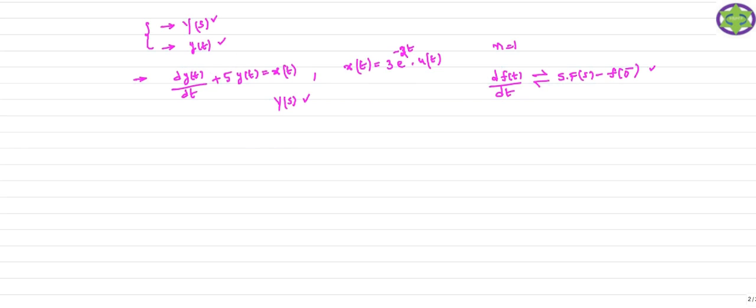Here, instead of f of t, the signal is y of t. For both sides you have to take the unilateral Laplace transform of the equation. On the left hand side, the transform of the first order derivative of y of t is s into capital Y of s minus y of 0 minus, plus 5 into the Laplace transform of y of t, which is capital Y of s, equal to the Laplace transform of x of t, which is capital X of s.